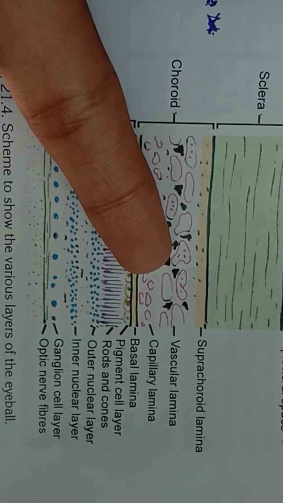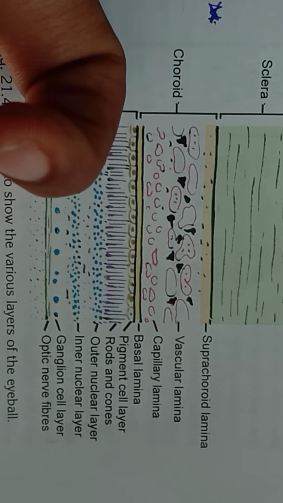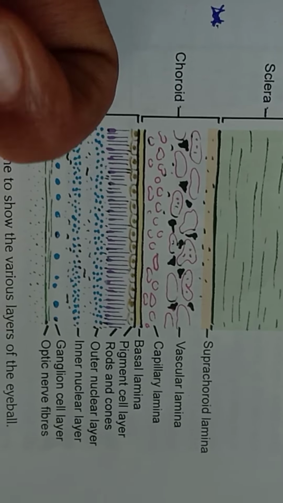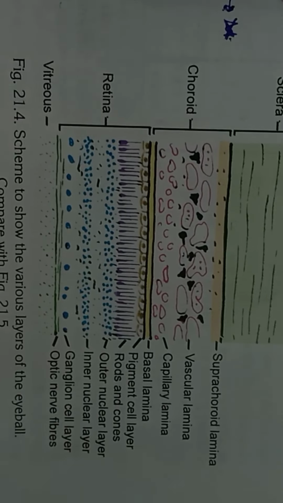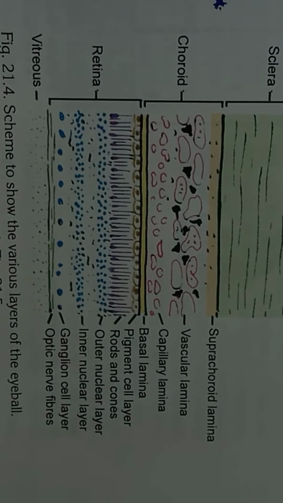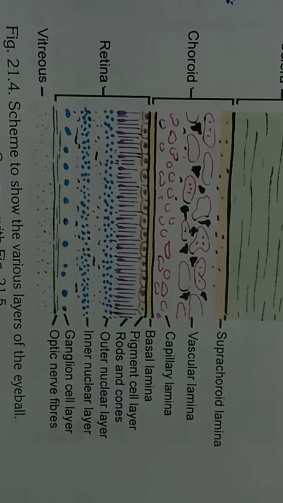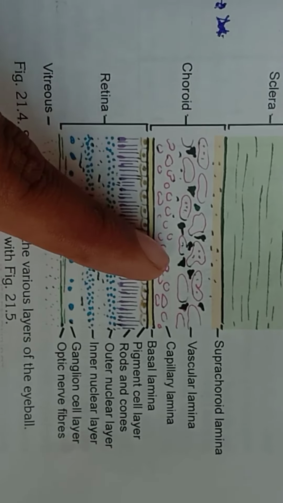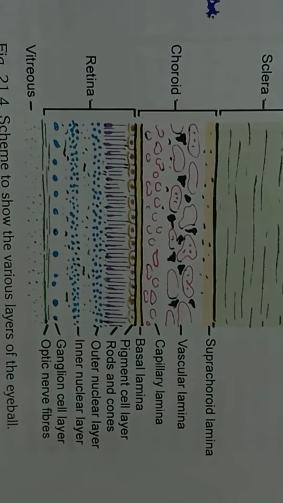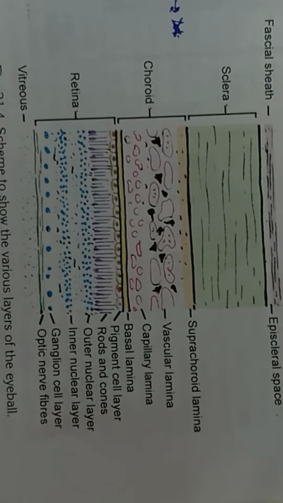The choroid proper is further divided into the vascular lamina and the capillary lamina. The capillary lamina is also known as the choriocapillaris, and the vascular lamina has the blood vessels. This choroid stroma is mainly made up of connective tissue, and a major part is covered by blood vessels, that is veins and arteries, a network of blood vessels supported by connective tissue.